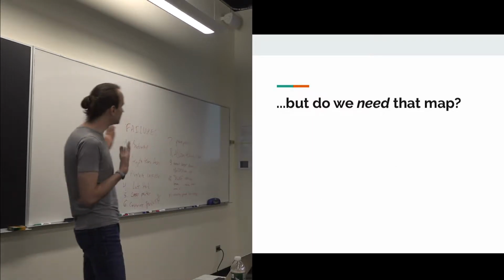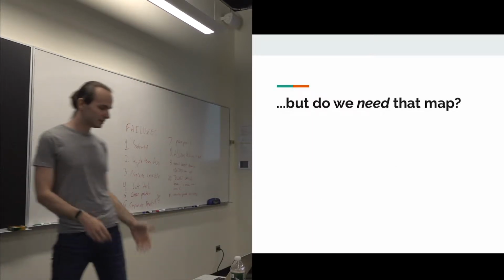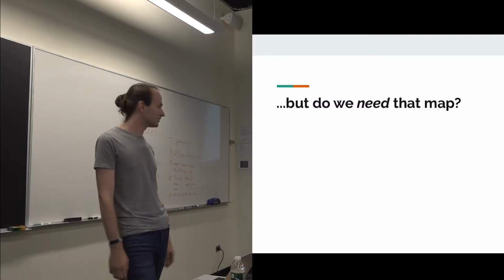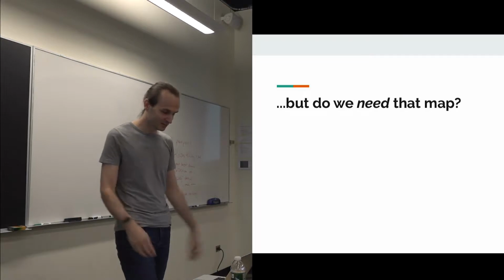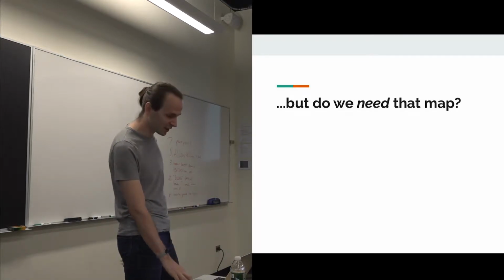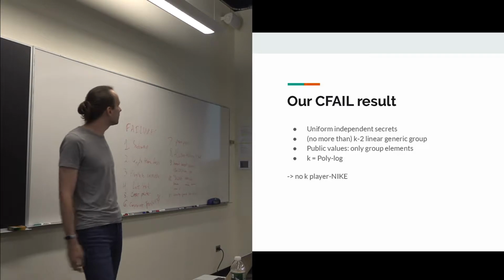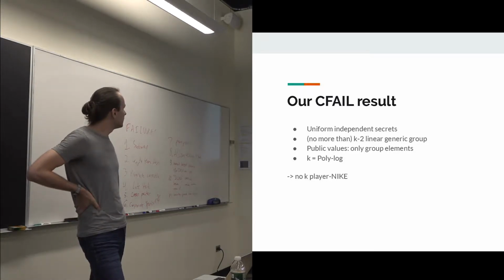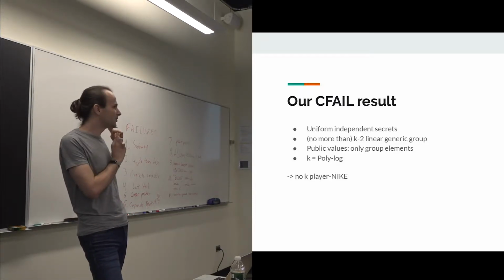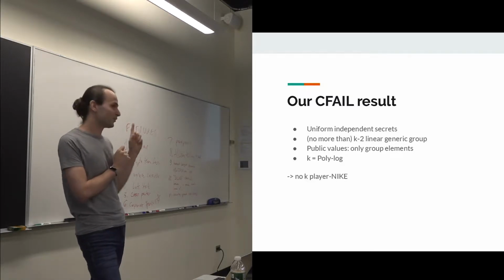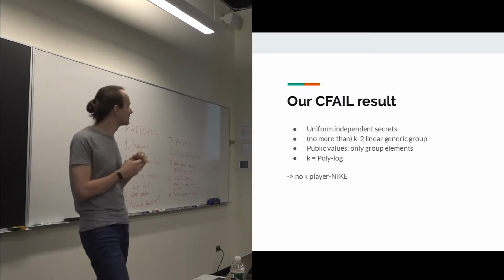So do we really need that map? Because n linear maps may be difficult to achieve. That's the starting point of our paper. We showed that you really need n-1 linearity if n is small.